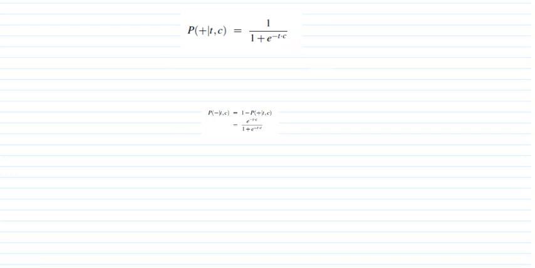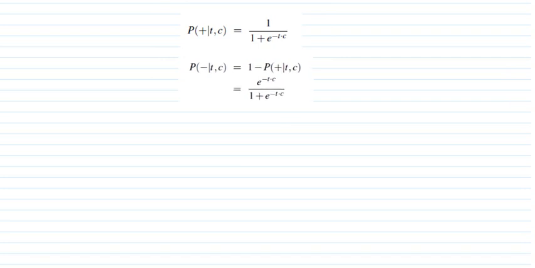And then the negative probability. So these two probabilities will be calculated in this way, right? And these probabilities are calculated for all the samples.